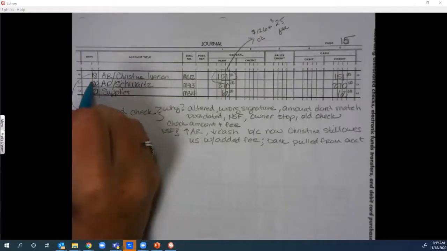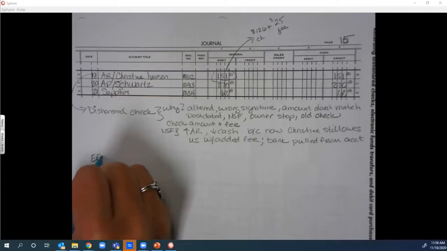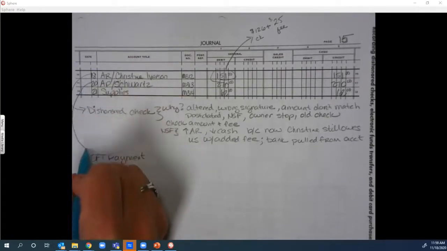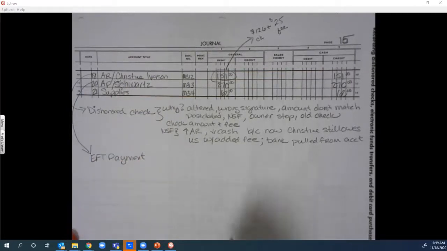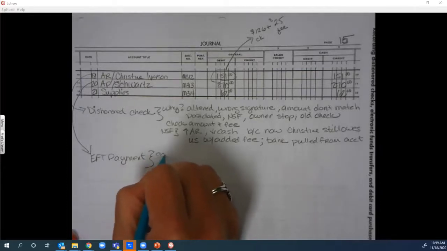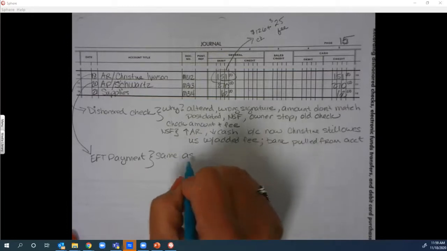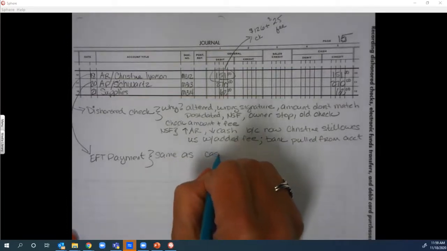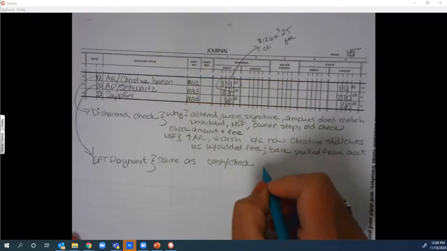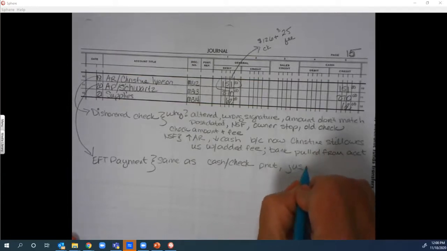And then for this one, this was an EFT payment. And pretty much this is the same as cash, if we were paying as cash or check. It's just a different source document.